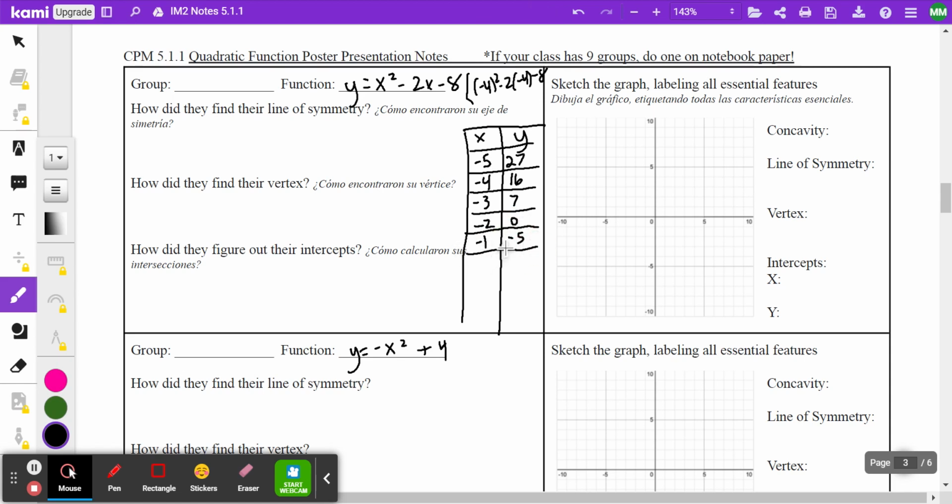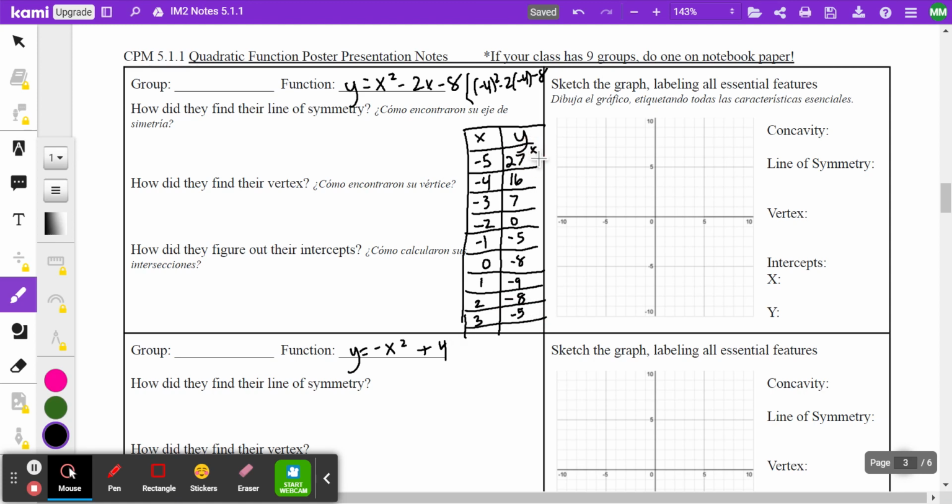X is 0 gives y is -8. X is 1 gives y is -9. X is 2 gives back -8, and then 3 should give back -5, etc. Okay, I'm going to plot the points that I can plot.